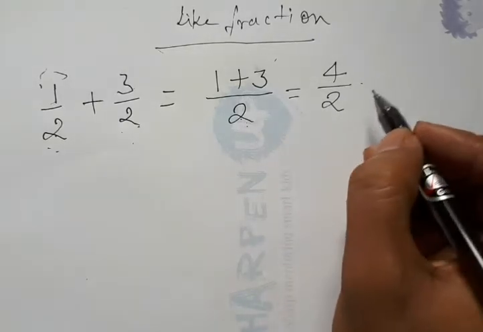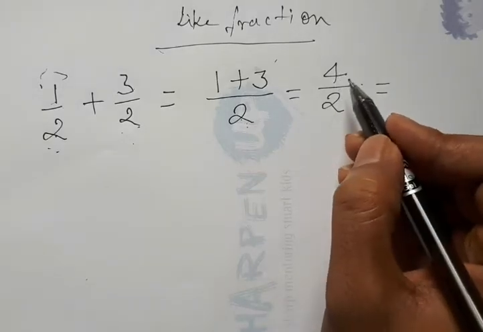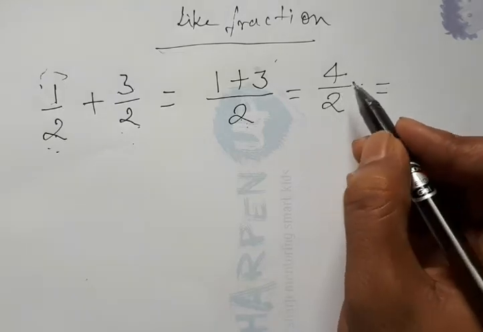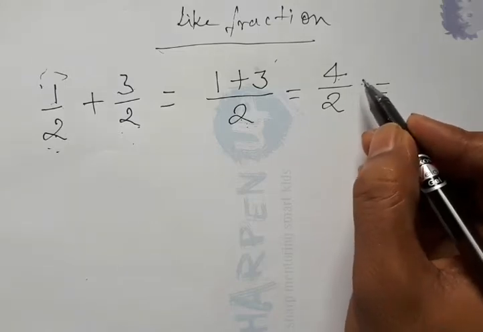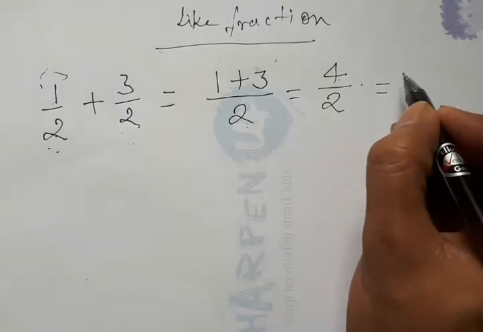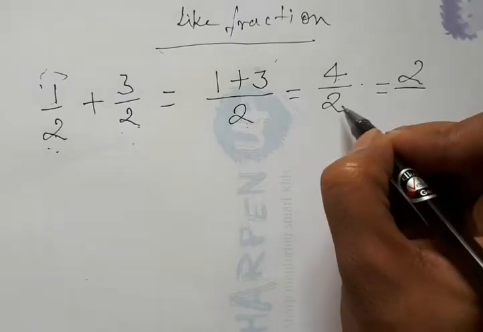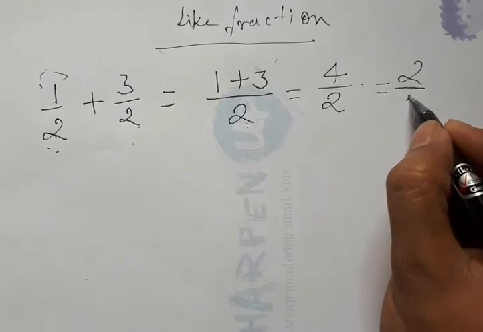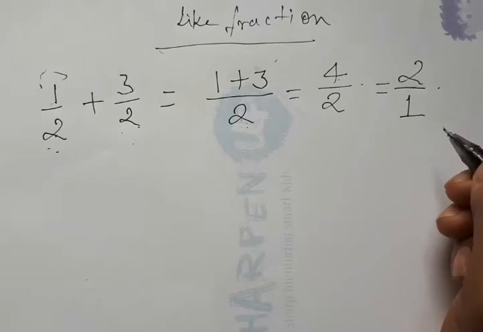Easy. You can also simplify it by finding the simplest form of the fraction. If we divide numerator and denominator by 2, 4 divided by 2 is 2, and 2 divided by 2 is 1. So this is the result that we will get.